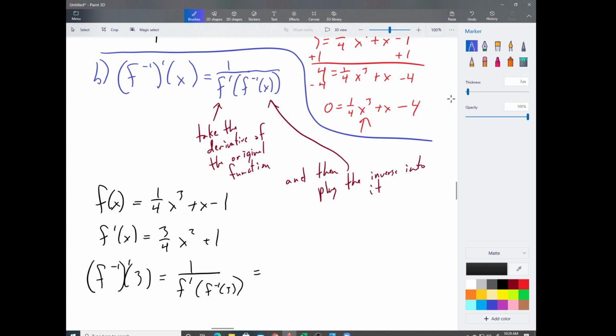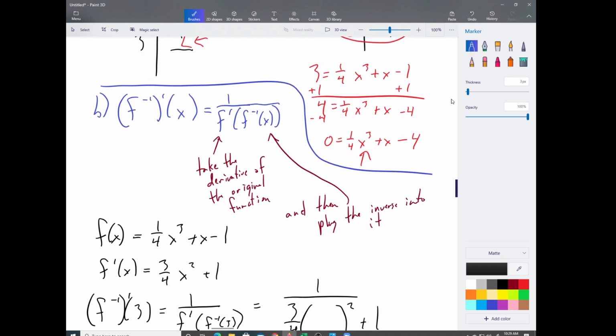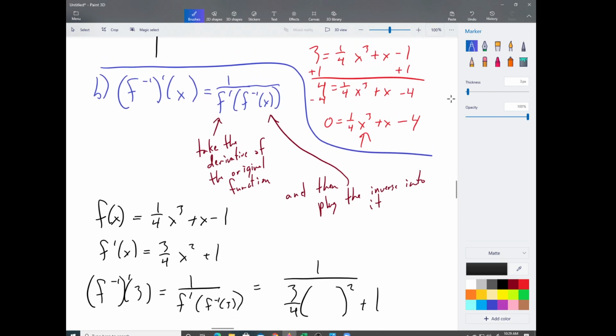So what that means is I take my answer from up above and I plug it into my function.